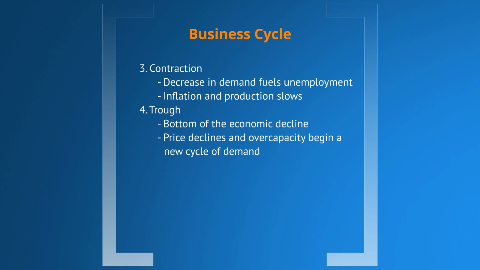Demand has started to decrease, unemployment is starting to go up, and production is slowing down, all the way down to where we get to a trough, the bottom of the economic cycle. Eventually, price decreases and overcapacity in the economy start a new round of expansion and a new business cycle.